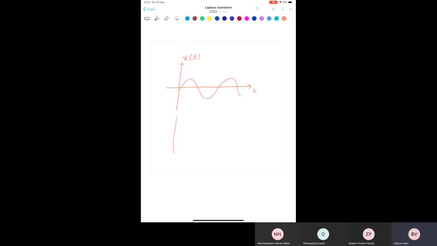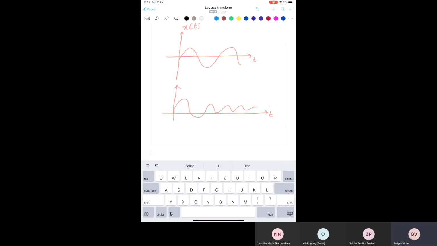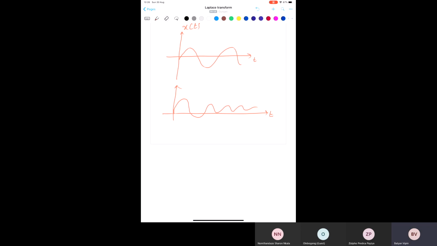After some time, or you can say with time, this signal may retain its shape, but you will see that the amplitude will keep on decreasing. Sorry, I drew it on the upper side. Let me draw it again. So it will be something like this.